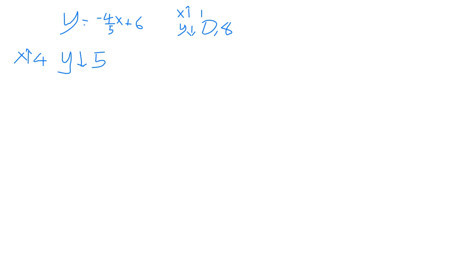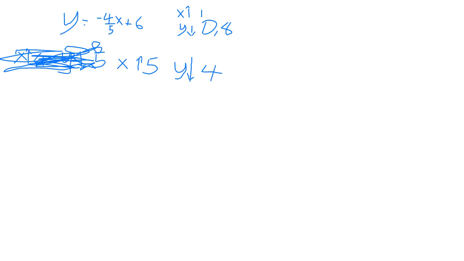Sorry, this is wrong. I'm so sorry. We can also put it this way: if x increases by 5 units, that is the one down, y will decrease by 4 units.